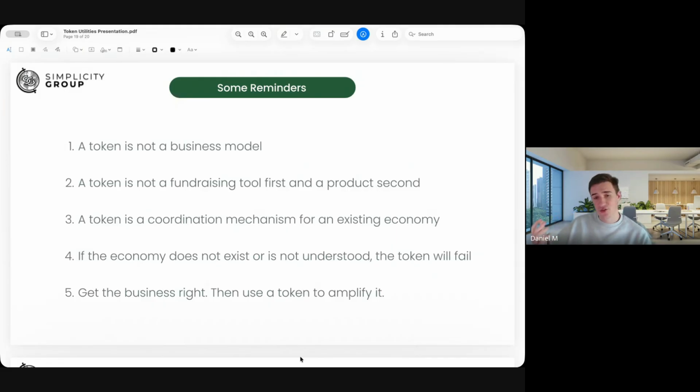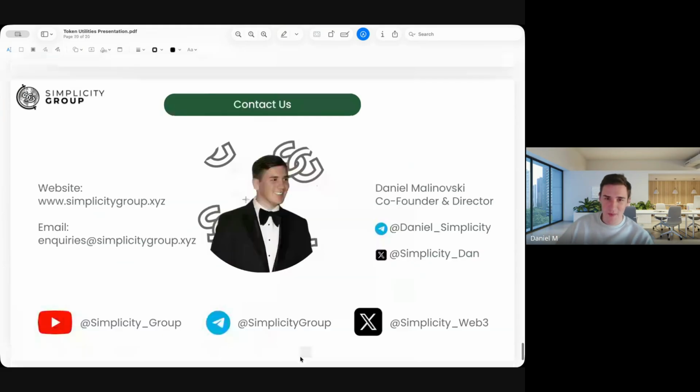And yeah, if you get the business right, you can then use the token to amplify it. And that's always how you should think about a token. It should be an amplification tool, not the core business. And again, I'm repeating that point, but it's just one where if you don't understand that, you will fail as a project. So yeah, that is pretty much the presentation on token utilities.